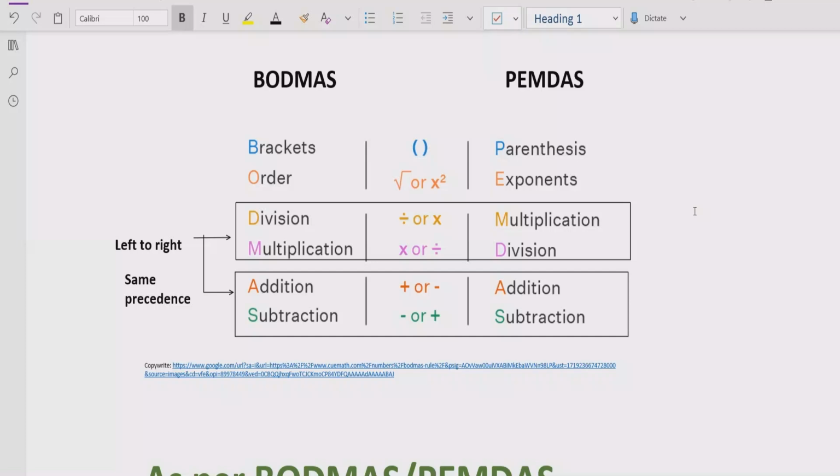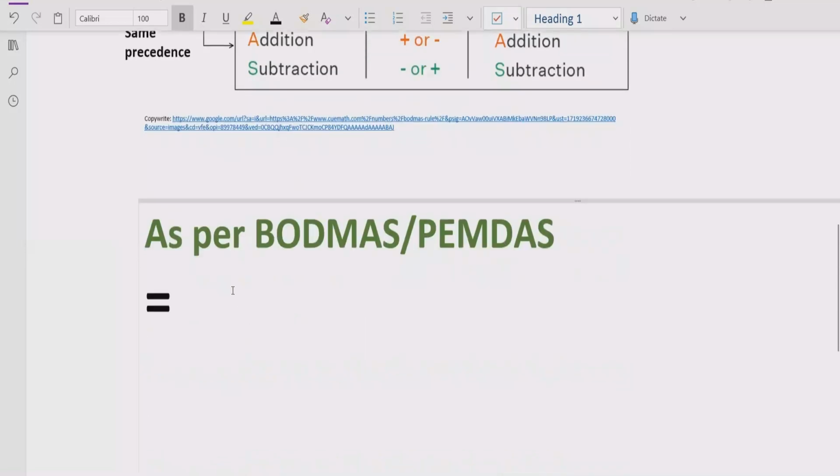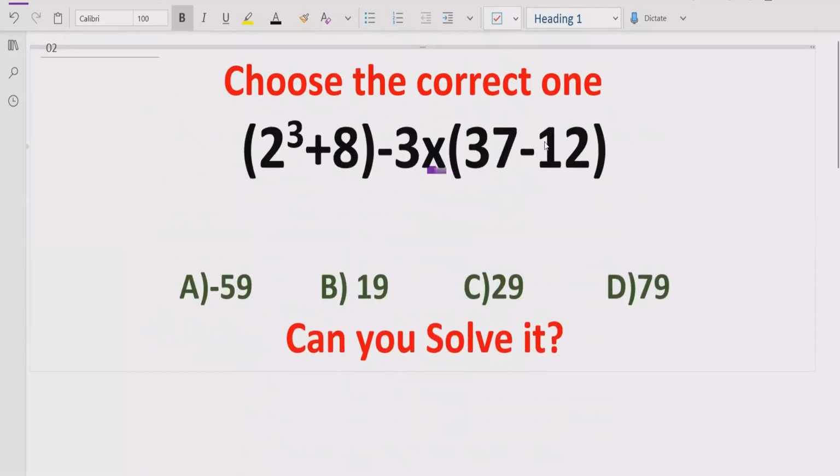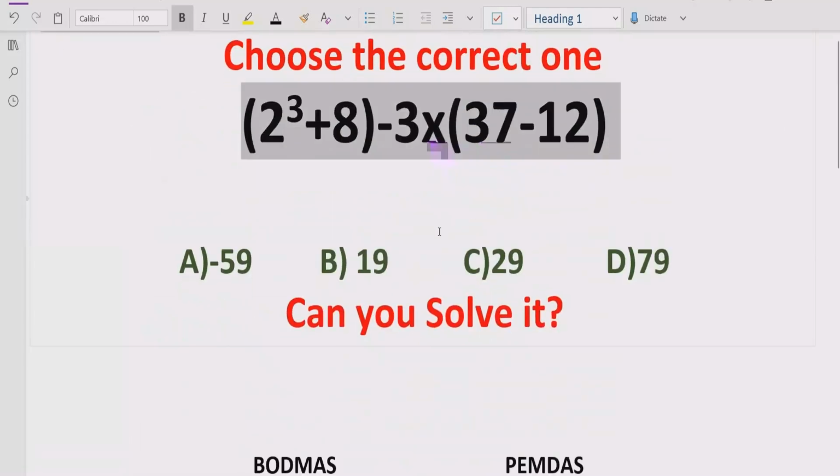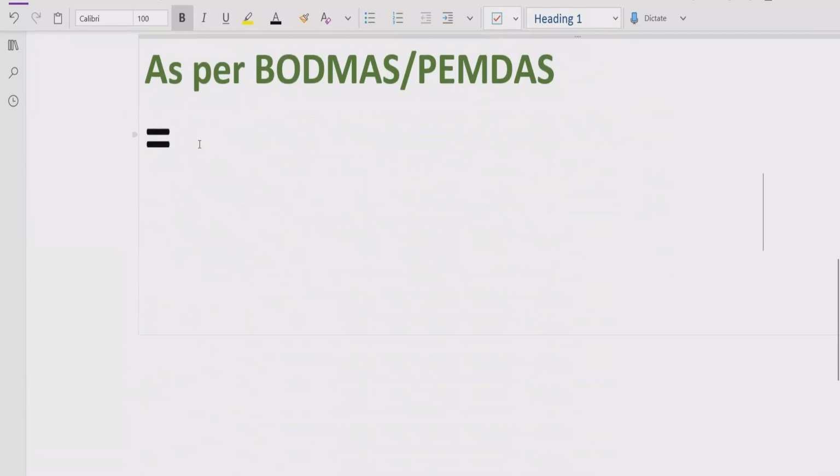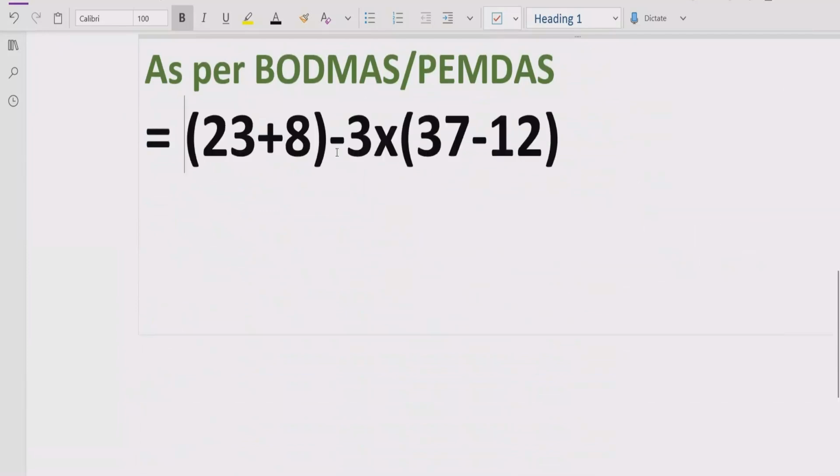Now, move forward to solve the given expression. As you can see, here we will discuss BODMAS and PEMDAS. So first of all, we will write the given expression which is this one. So we will write this one as it is and this becomes the power.